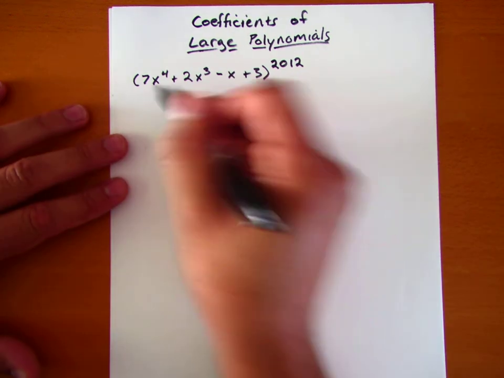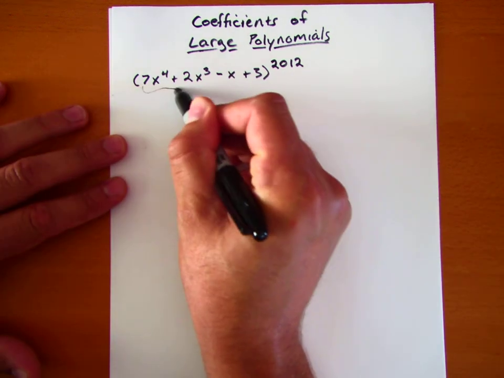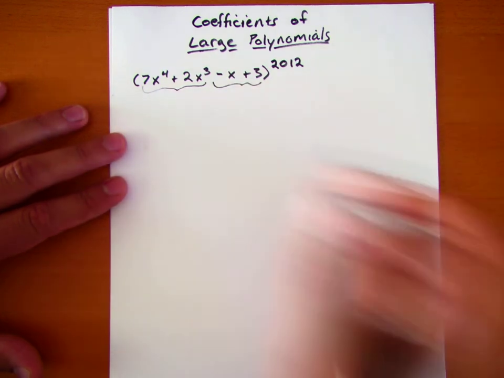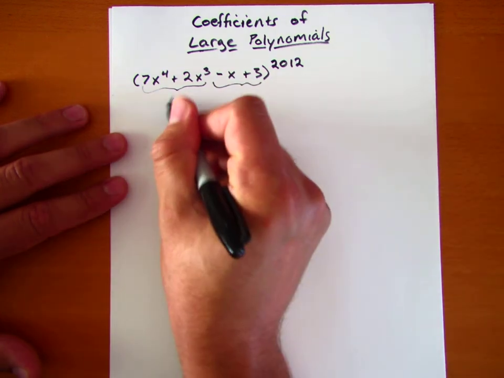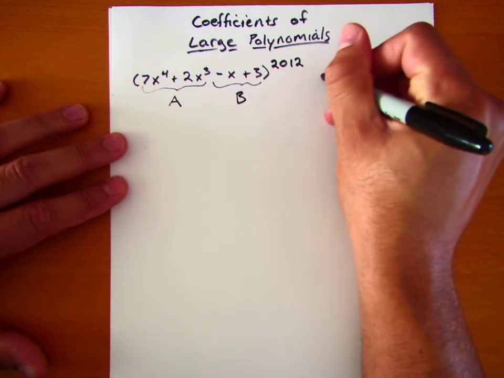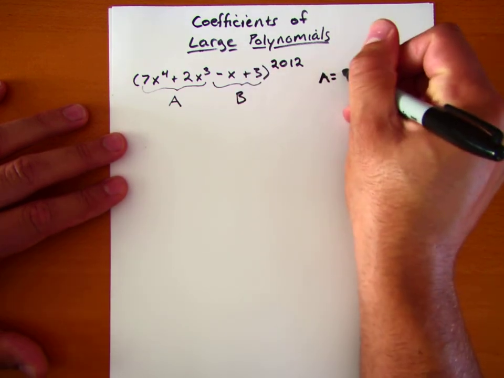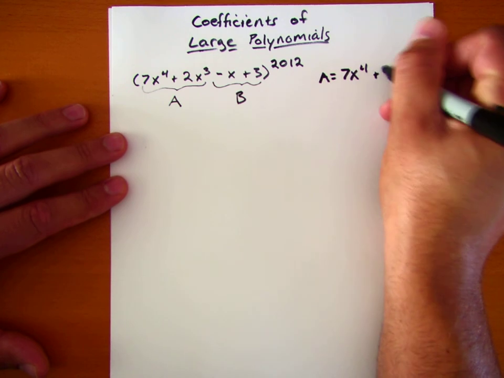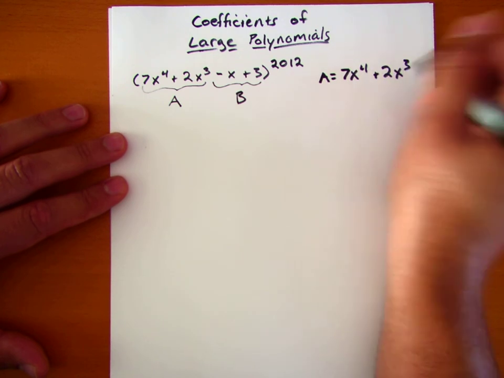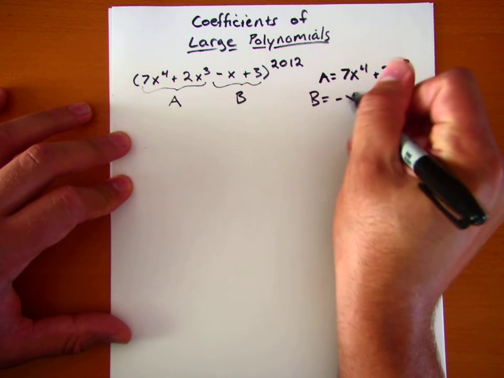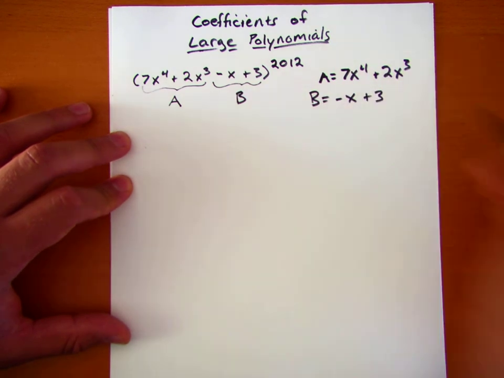So what I'm going to do is cut this polynomial sort of in half here. I'm going to cluster these two terms, and I'm going to call this right here A, and this right here B, so that A is equal to 7x to the fourth plus 2x cubed, and B is equal to negative x plus 3.